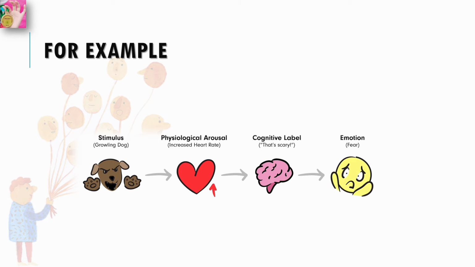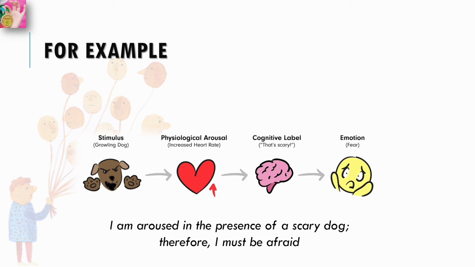So when we are walking and we see a snarling or growling dog, the physical arousal is accompanied by the thought that this must be fear. Then and only then will the person experience the emotion of fear. In other words, I am aroused in the presence of a scary dog, therefore, I must be afraid.